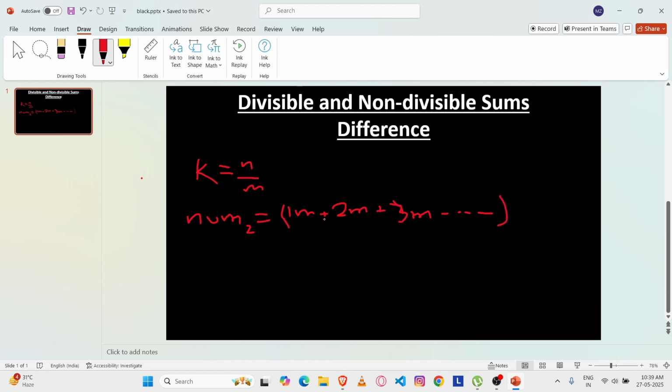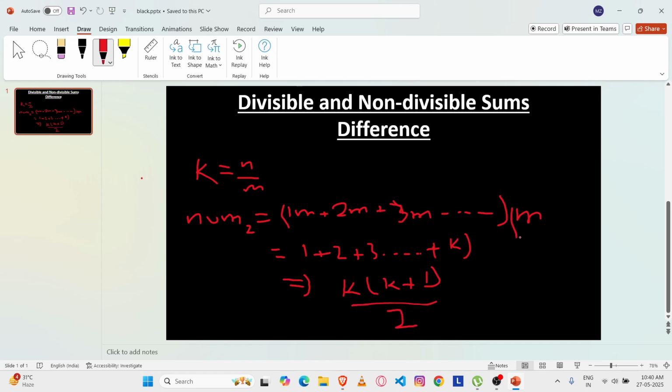So we definitely take the m outside, and it becomes 1 plus 2 plus 3 until k. The formula we derive from that, if you remember from mathematics, is that the sum of the k's would be k plus 1 upon 2, multiplied by m.